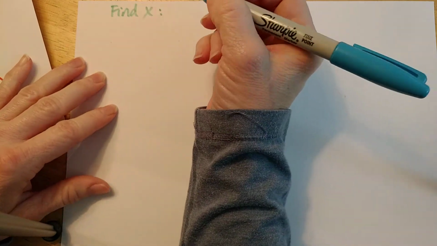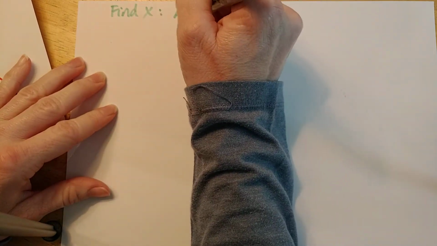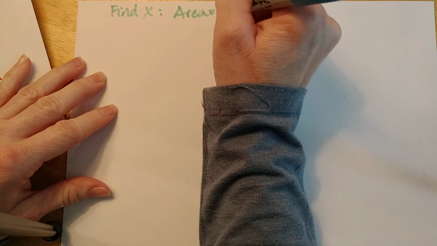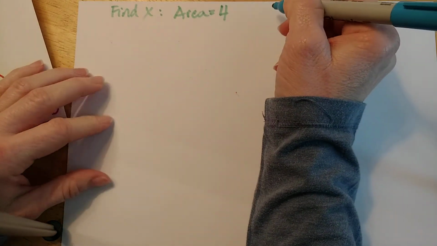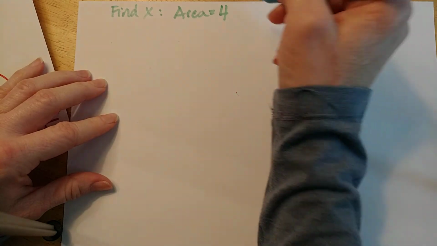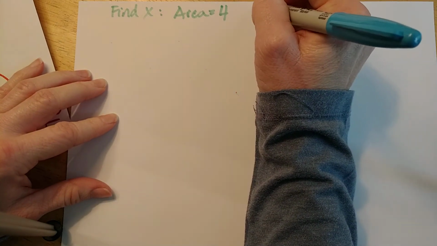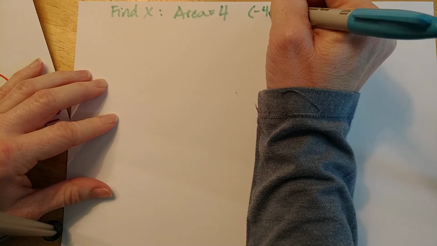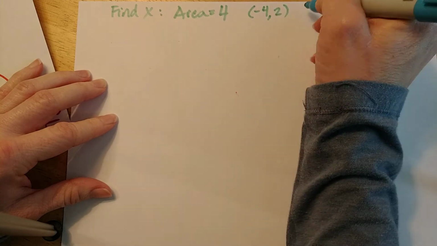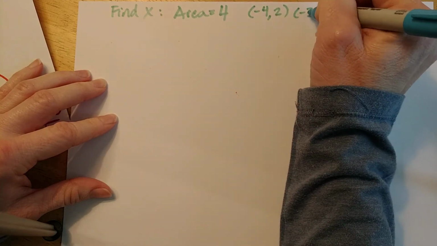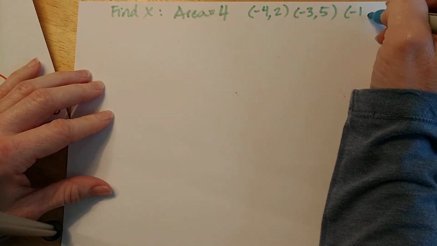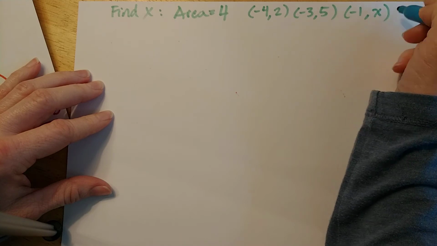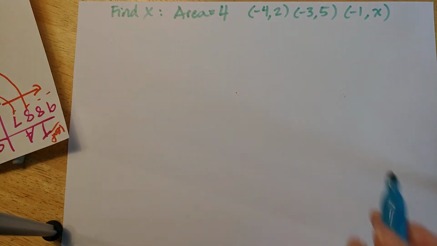So let's see, the area of the triangle equals 4 units squared. Okay, and we have to figure out what x is with our given points here. So we have -4 and 2, -3 and 5, and -1 and x. We have to figure out what that is.